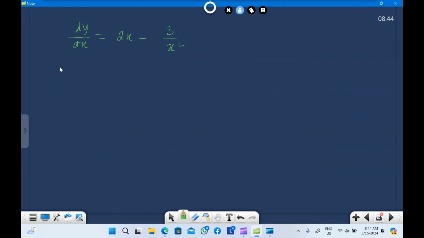So first of all, you find the curve, and that can be done by taking dy equal to, this dx can be taken here, twice x minus 3 by x square and whole dx. Now if I take integration, dy on the left hand side is equal to the integration of 2x minus 3 by x square dx, and plus a constant of integration you may give after finding the integral.